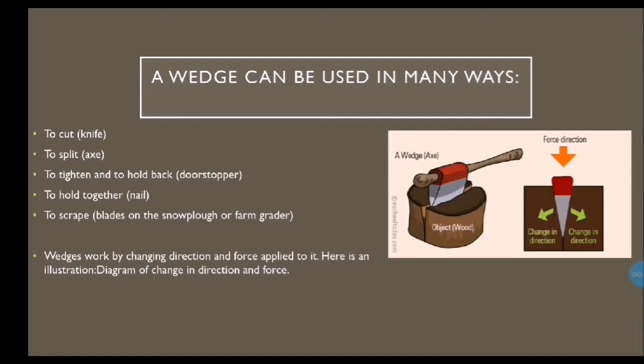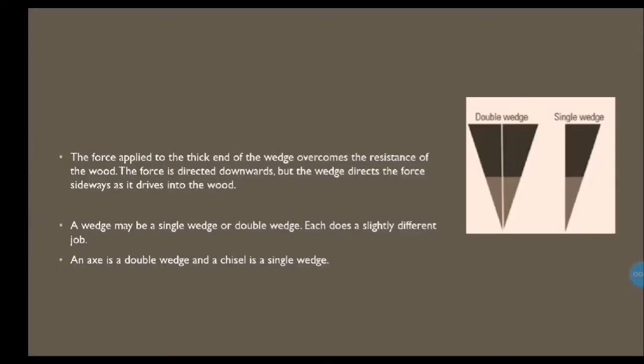The force direction goes down, and then I have a change in direction into two different directions. The force applied to the thick end of the wedge overcomes the resistance of the wood. The force is directed downwards, but the wedge directs the force sideways as it drives into the wood.